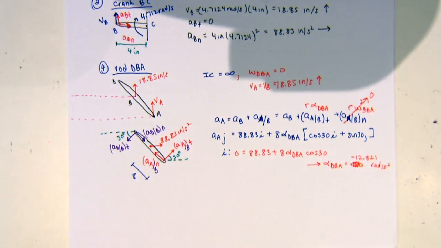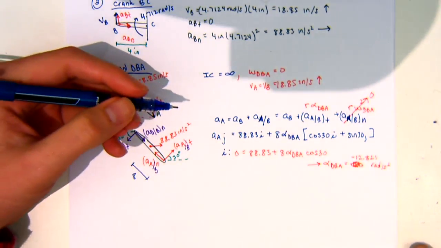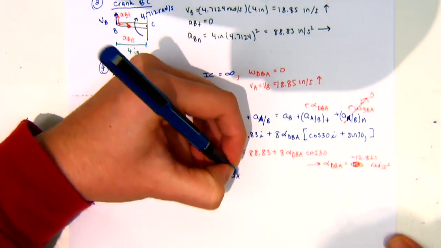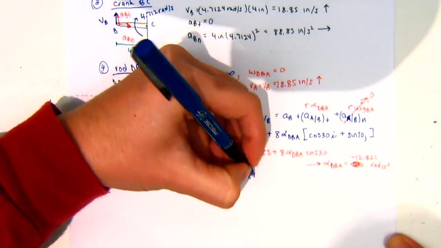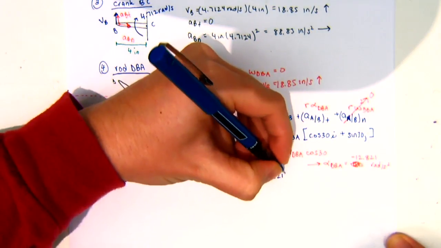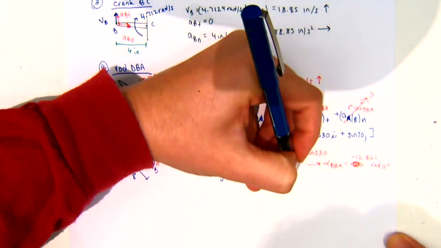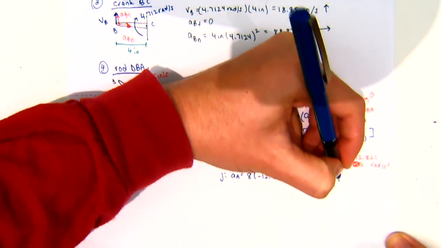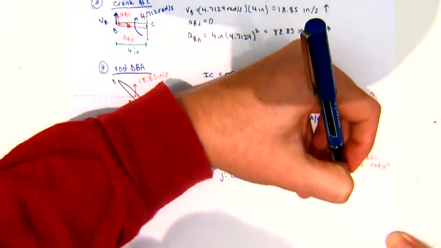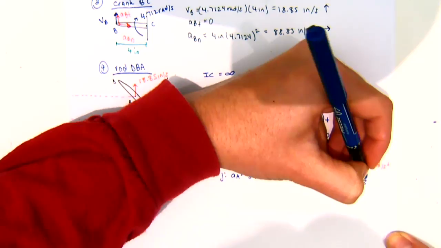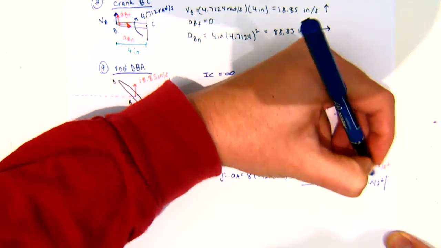And then if I look at my j components, I can say that acceleration of A is equal to 8 times alpha, which we said was negative 12.821, times the sine of 30. And so this tells me that the acceleration of A is negative 51.28 inches per second squared.